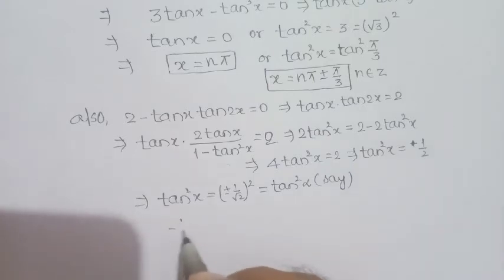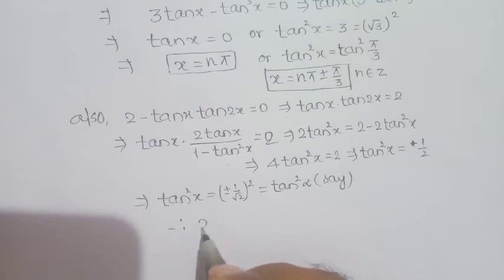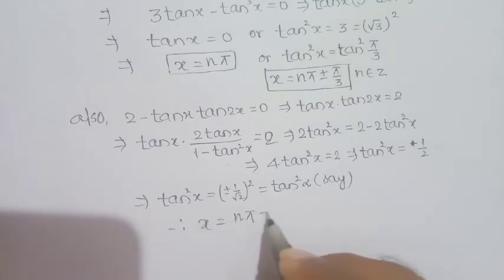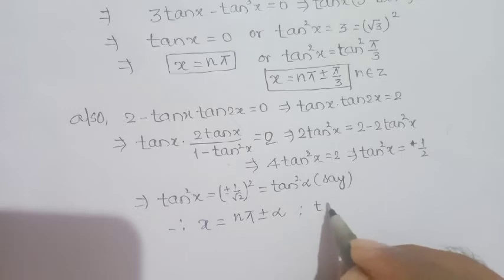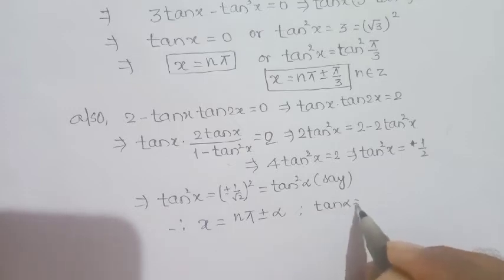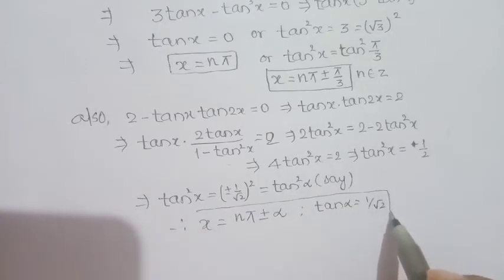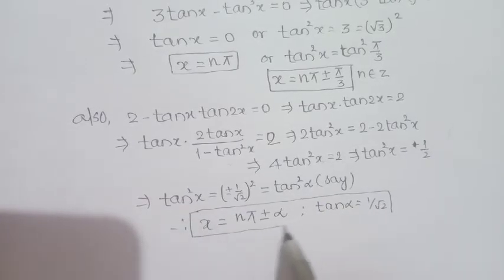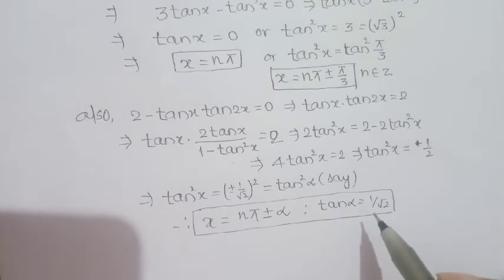Thus tan square x is tan square alpha, so x should equal n pi plus minus alpha, where tan alpha is equal to 1 by root 2. So these are the solutions of the first question we have taken.